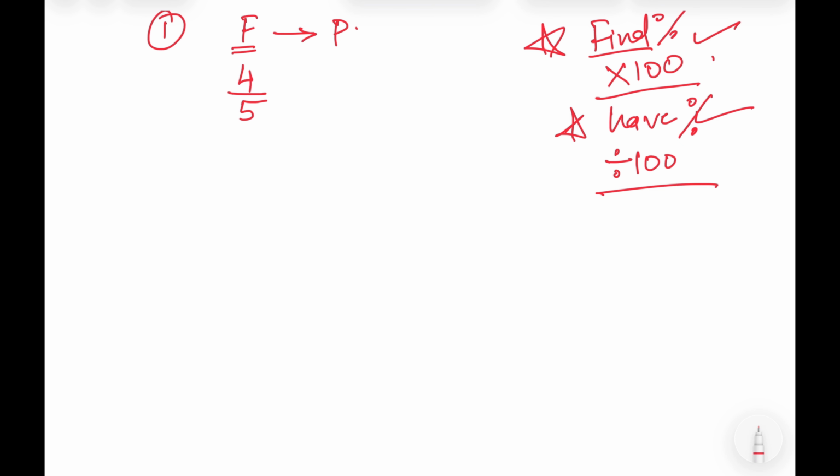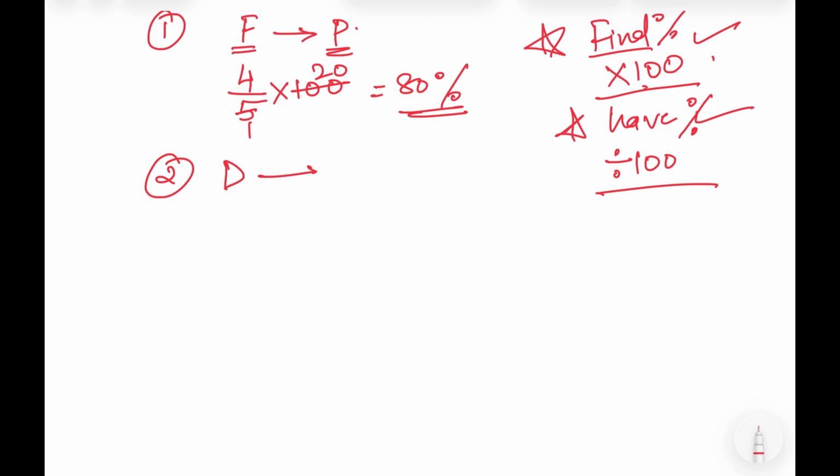So here we have to find percentage, so I'll multiply this by 100. When I multiply, what do I get here? 20, and this is 80. So 4 by 5 is 80%. Right? Second, if there is a decimal and it has to be converted into percentage, again the same thing as I told you here.